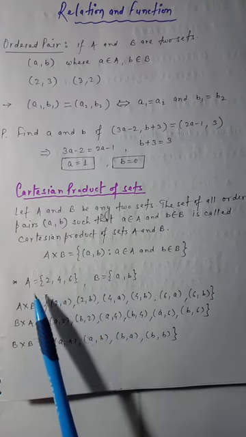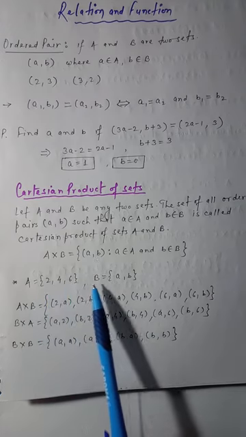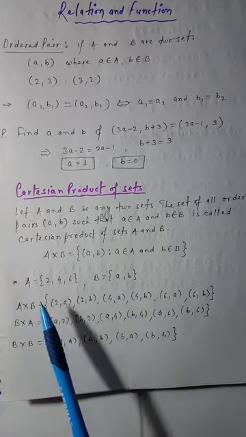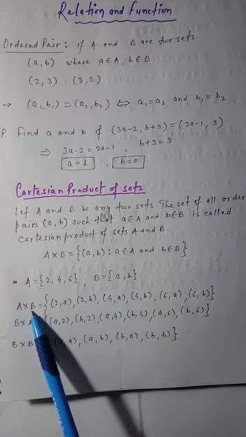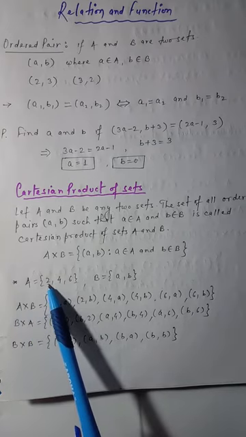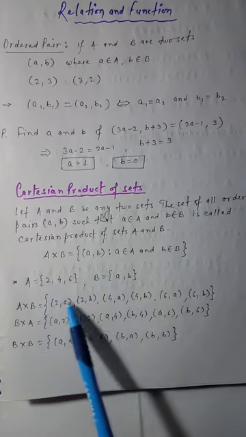Like take this example. Set A is 2, 4, 6 and set B is a comma b. You have to write A cross B. Now you must know the procedure of how to write A cross B. If I am saying A cross B, you start taking elements of A. So take the first element of A and start making pairs with the elements of B. So like 2 comma a.